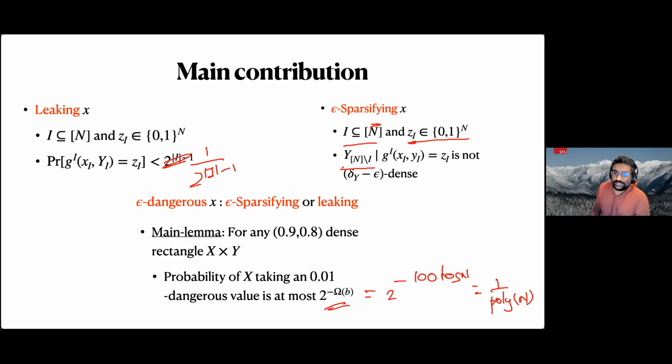It cannot be way smaller than that. And we need 2 to the b to be much smaller than at least n, because our union bounds will go over at least n things. So you want this probability to be 1 over poly n, so that even if you sum over n different things, it's still 1 over poly n.